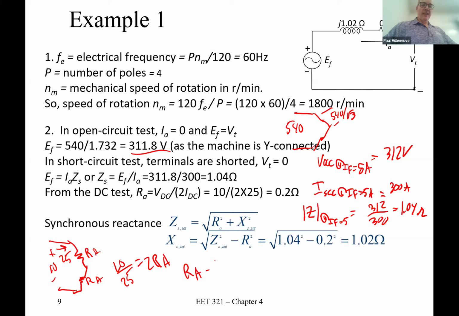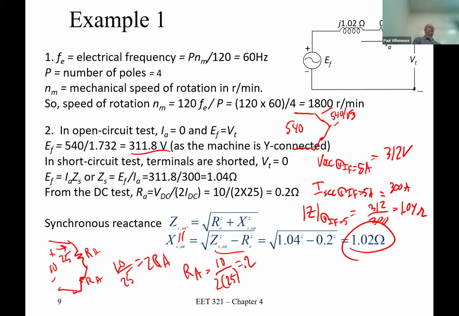So RA is equal to 10 over 2 times 25, which is equal to 0.2. To calculate X sub S, I plug that into here, and I end up with 1.02. So to do an exact calculation, I get 1.02. To do an approximate calculation, I could just say that these two are the same.